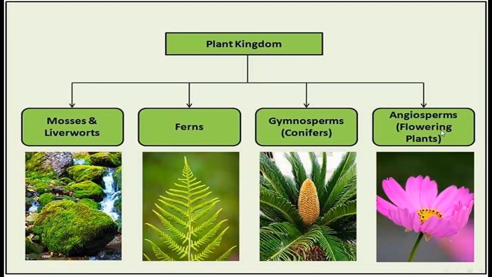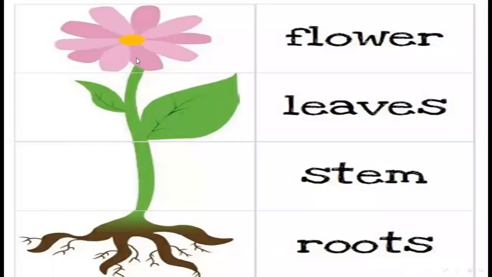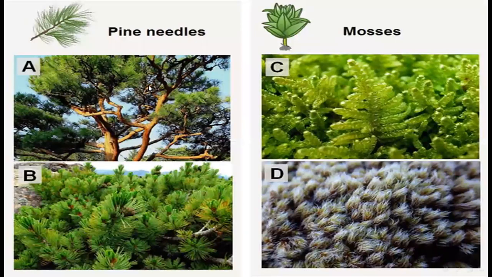Conifers and flowering plants belong to higher plants. Here you see this is a picture of a plant. This is a picture of mosses and pine needles. Simple plants and higher plants.